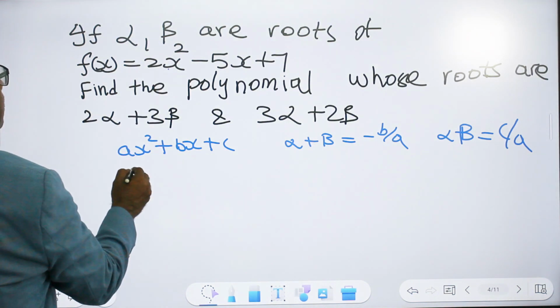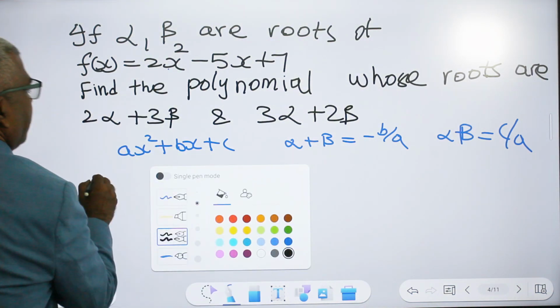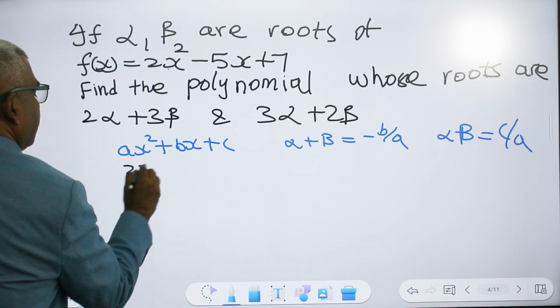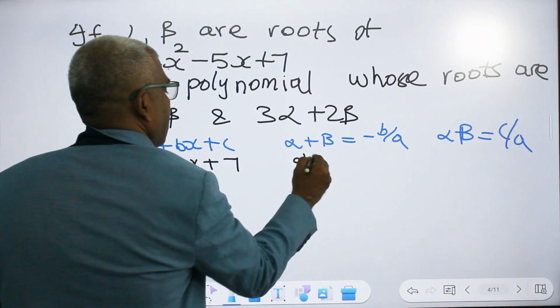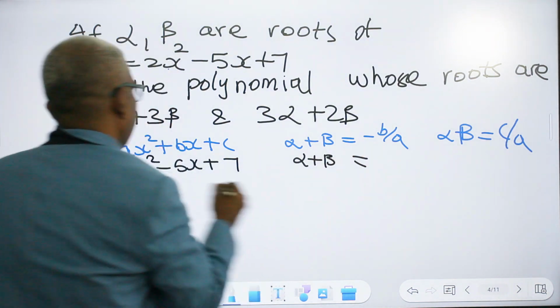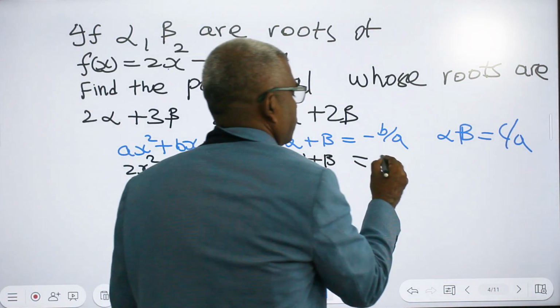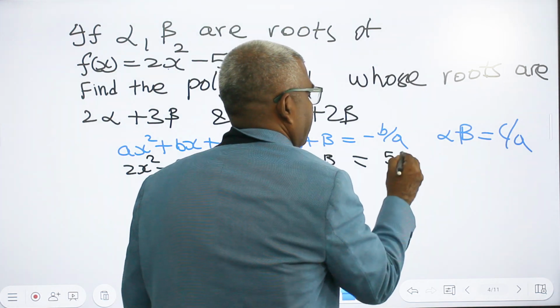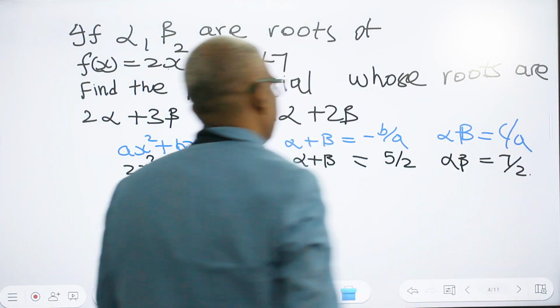Here we have 2x squared minus 5x plus 7. What is alpha plus beta? Minus b by a, minus of minus 5 is plus 5, a is 2, so 5 by 2. Alpha beta is 7 by 2.